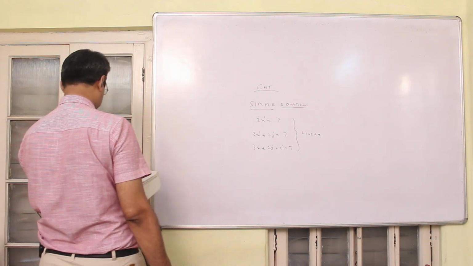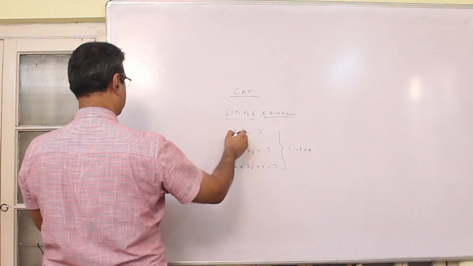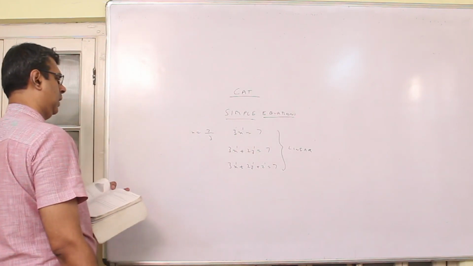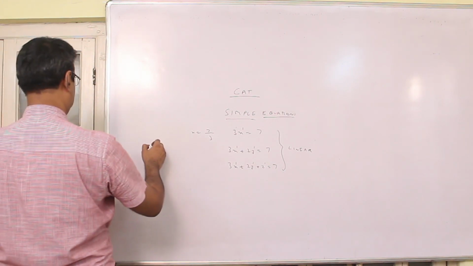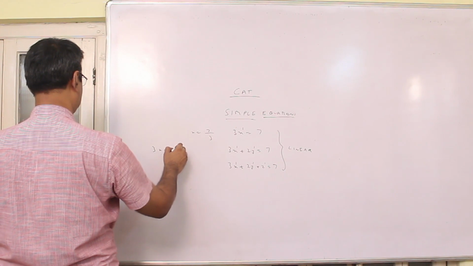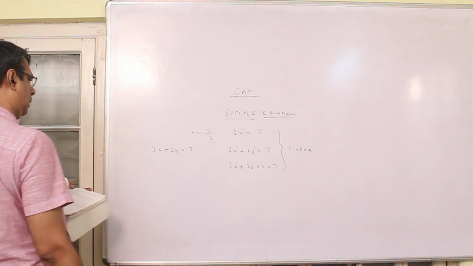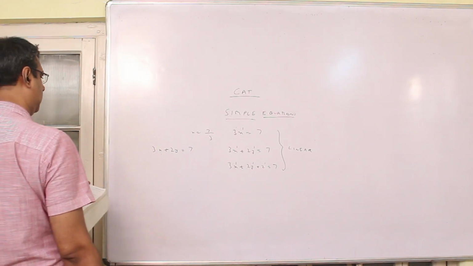Now, if you want to solve this first equation, it is very simple. You just have to say that x is equal to 7 by 3. Now supposing you have an equation like this, 3x plus 2y equal to 7.